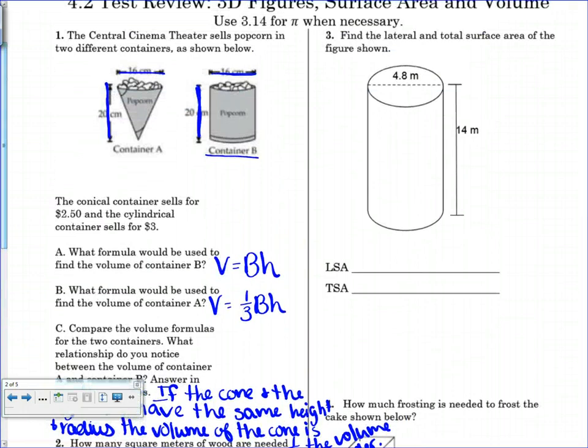Number 3, find the lateral and total surface area of the figure shown below. So this is a cylinder. So first we need to find the radius, which is half of 4.8. So divide that by 2, and we get 2.4. And we need the height, which is 14. Plug that into your formulas.